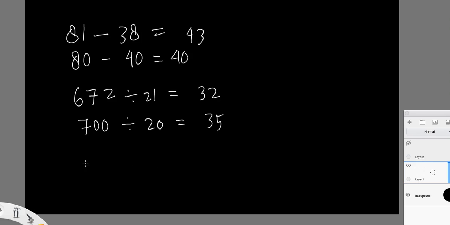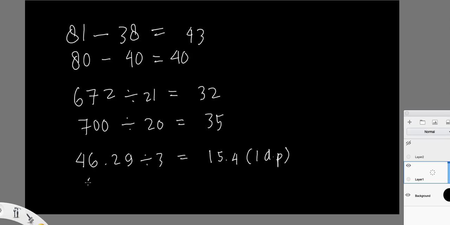And 46.29 divided by 3. In the manual calculation, we get the answer of about 15.4 to one decimal place.